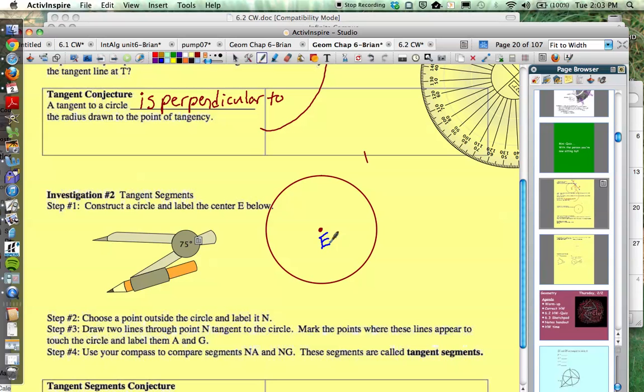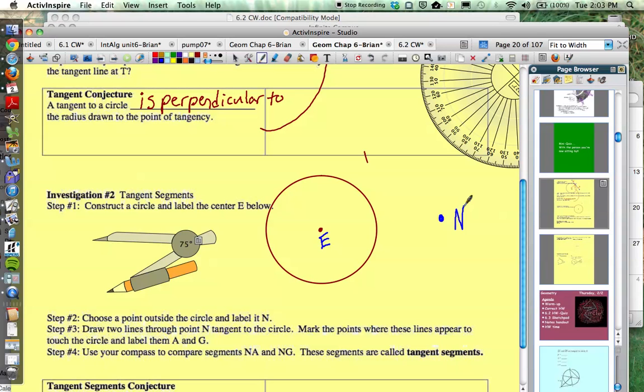Okay, step 2. Choose a point outside the circle and label it N. So by outside the circle, we literally mean outside of the circle. So if I want to put a point outside, I'm going to call this point N out here. All right, and then it says to draw 2 lines through point N tangent to the circle.